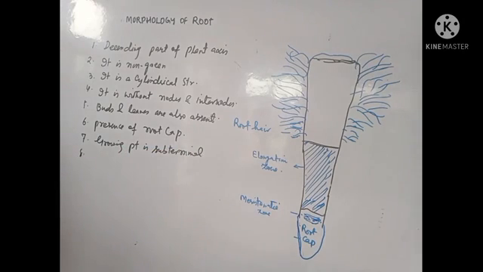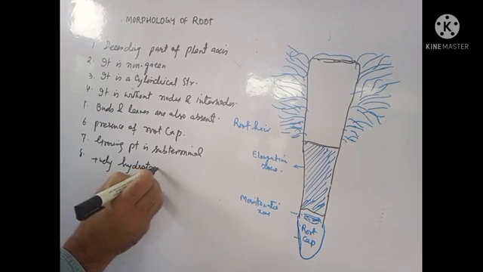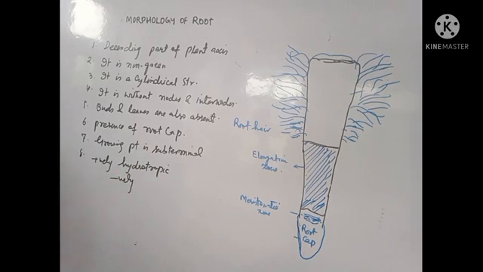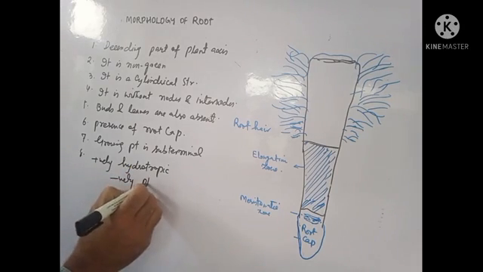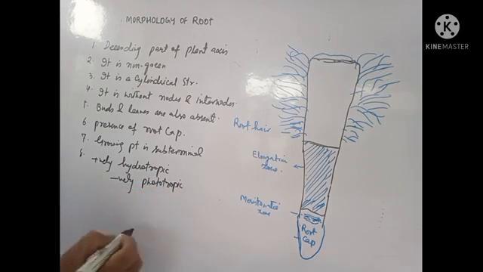Number eight, they are positively hydrotropic and negatively phototropic. Move away from the light. So these were the characteristics of roots.